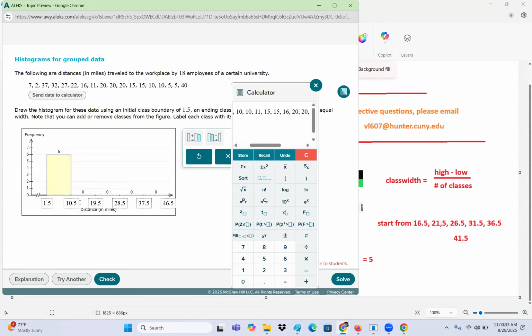Between 10.5 and 19.5, you get 1, 2, 3, 4. So there are 4 of them. Are we good? And then between 19.5 and 28.5, you get 1, 2, 3, 4, 5, 5. And then you get the rest of them, like 2 and 1. Are we good?